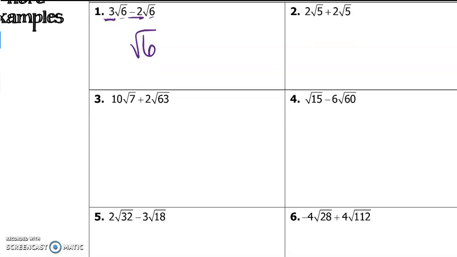So if we look down at number 3, 10 square root of 7 cannot be simplified, but the square root of 63 can. So 63, look at your perfect square list. 9 is your perfect square that goes into 63, 9 times 7. So square root, square root. To save us a little bit of work, this becomes a 3, and then we still have the 2 outside, so that needs to be multiplied.